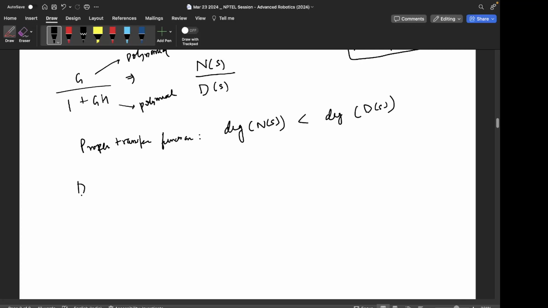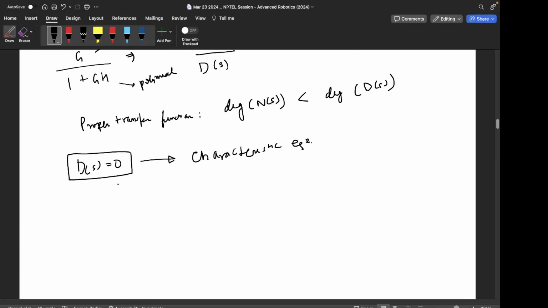So D(s) is equal to 0. This equation that will be formed is called the characteristic equation, right? So for a transfer function like this, the characteristic equation is 1 plus GH equal to 0.